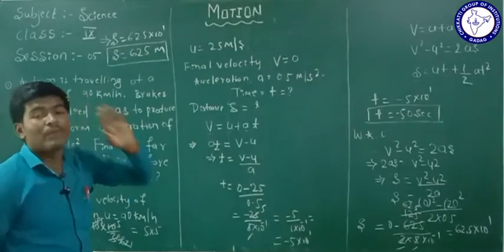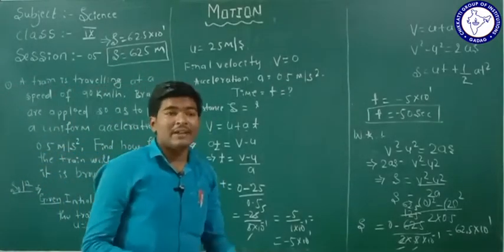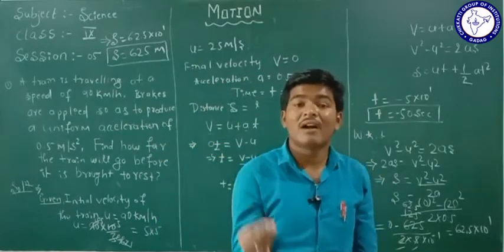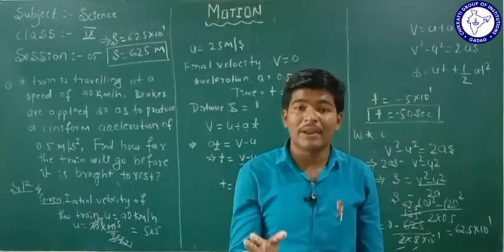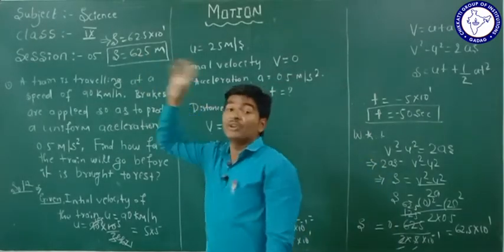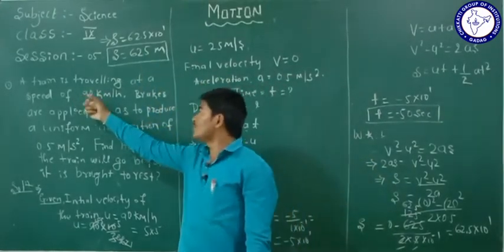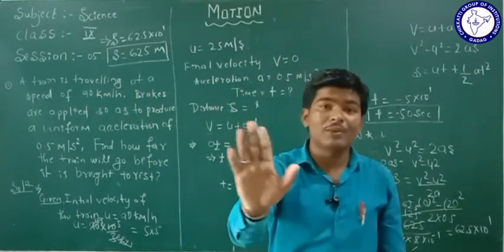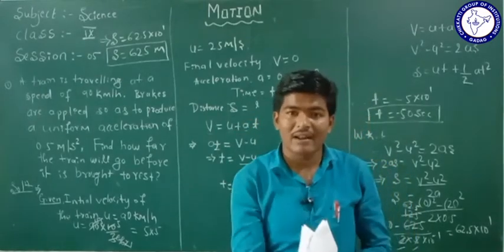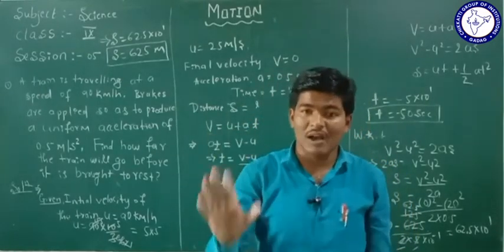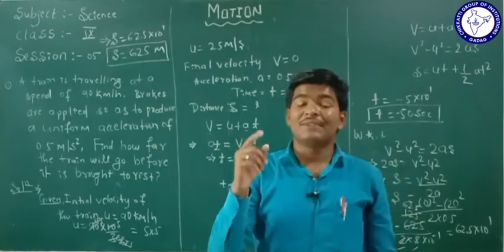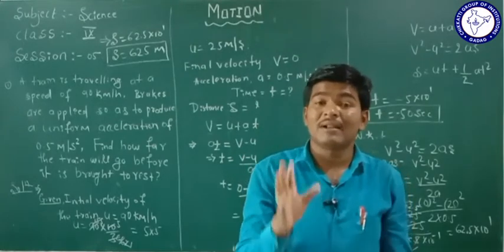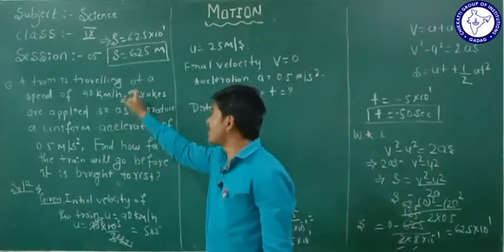So remember, if the train driver is going to stop the train, and the train moves with a speed of 90 km per hour, then he has to apply the brake before 625 meter.